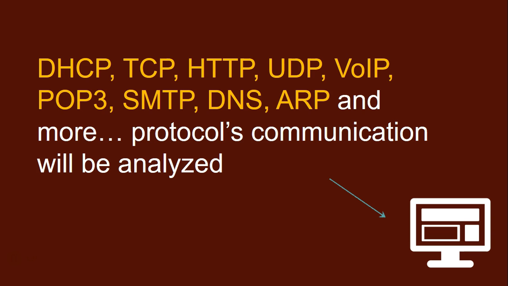In this course, we will start with DHCP, DNS, TCP, HTTP and various protocols like email, SMTP, ARP and a lot more, analyzing the communications and what's happening inside the network. Because Wireshark always gives you insights about what's going on inside the network.